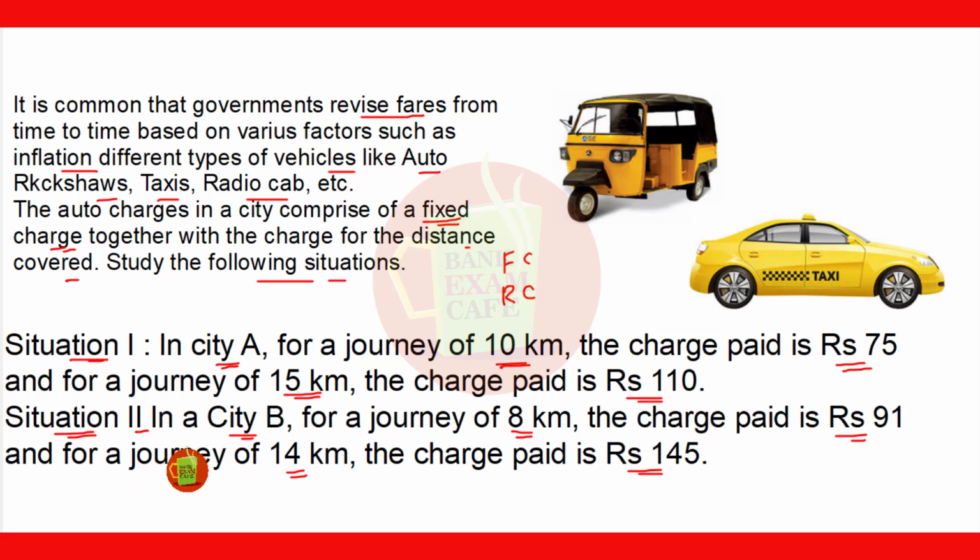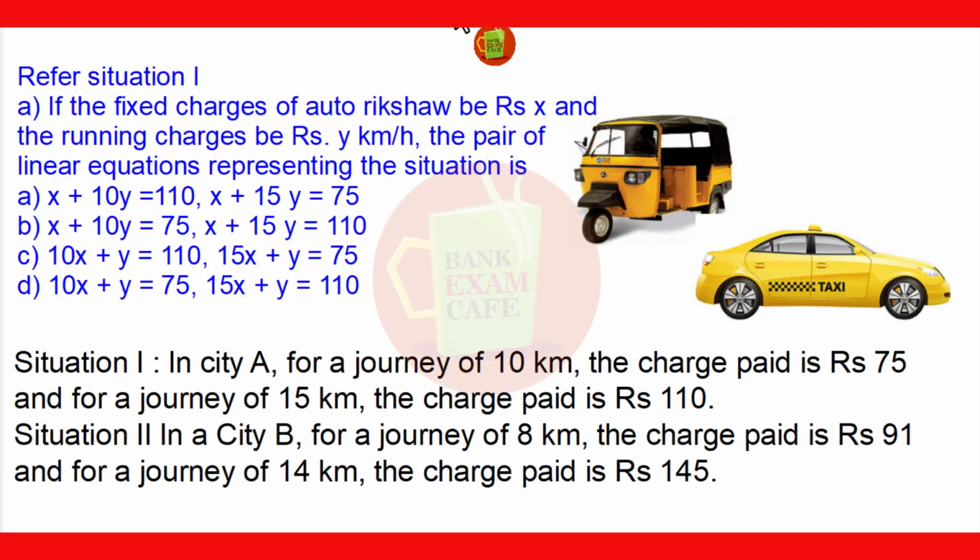In situation 2, in city B, for a journey of 8 km, the charge paid is rupees 91, and for a journey of 14 km, the charge paid is rupees 105, and you have to answer the following question. So see the first question on the screen.